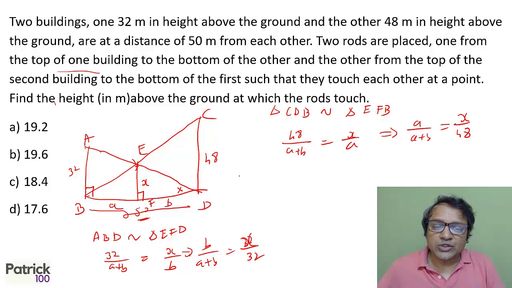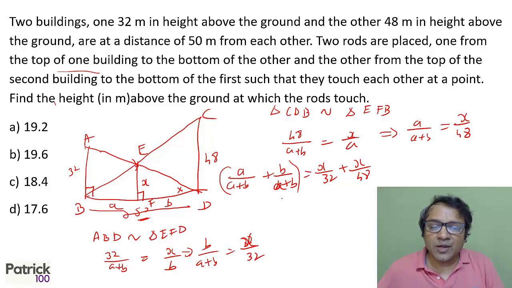Now add the two equations. So when you add the two equations, you get A upon A plus B plus B upon A plus B is equal to X upon 32 plus X upon 48. Now A upon A plus B plus B upon A plus B is 1. So this is 1, and X you can take common. You'll get 32 plus 48 upon 32 into 48.